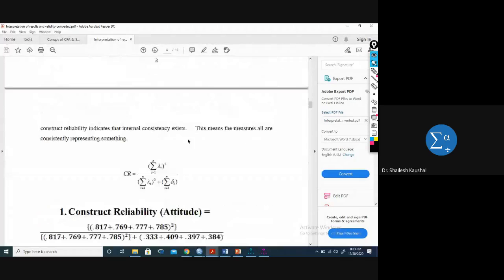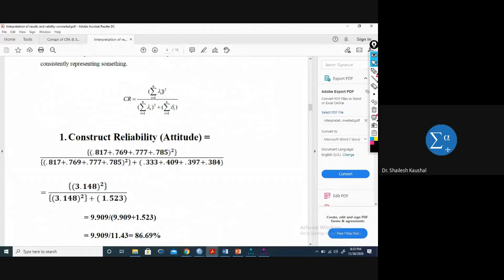So what is the formula of construct reliability? First add all the values and then square, and then the error term. Here, for all the 5 constructs we will find the construct reliability. One is attitude.